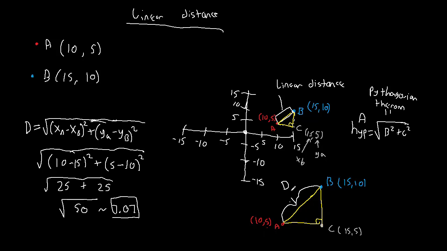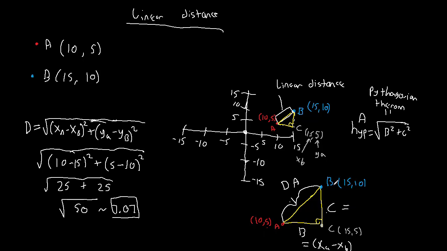Well, if we relabel these sides as big A, big B, and big C, well, we know B, the length of B is just the difference between this point and this point. So that is x of A minus x of B. This length here is this value here.